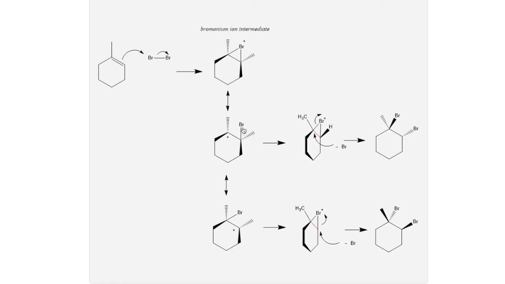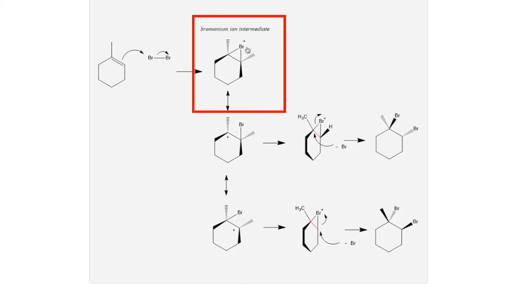But a common resonance stabilized intermediate that's required for the mechanism on exams is the formation of the bromonium ion intermediate. And this intermediate exists because having a positive charge on carbon is very unstable. And because bromine is electronegative, it has lone pair electrons around it.